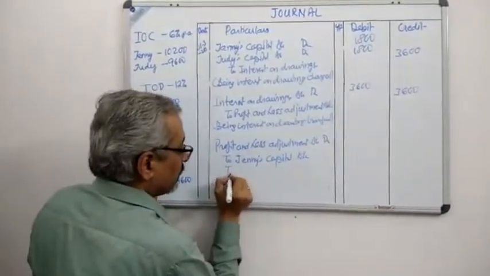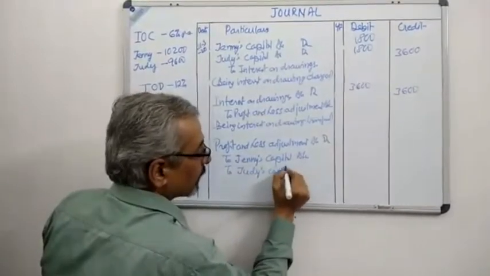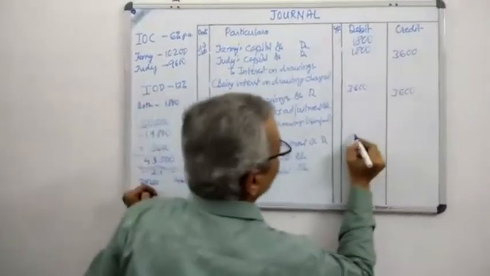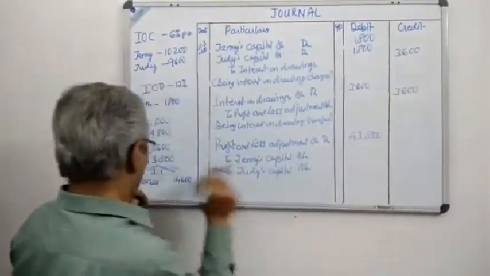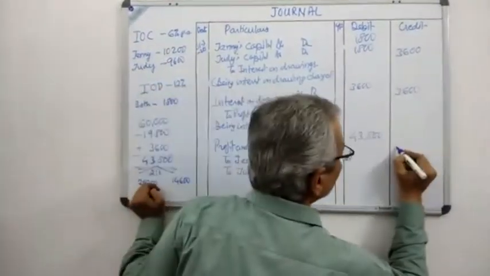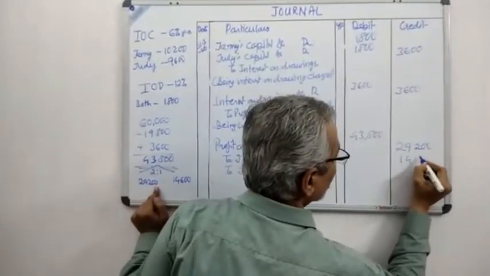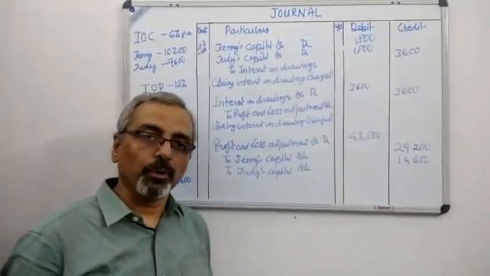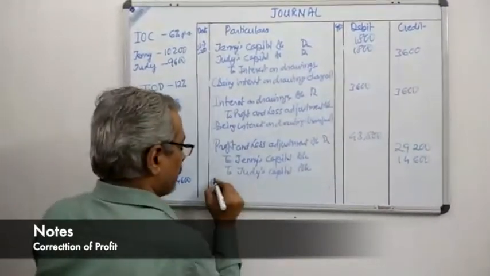The second partner to Judy's Capital Account. So what is the amount? See very carefully. 43,800 and it is distributed in the ratio of 2:1. So we got 29,200 over here and 14,600. Now this is the correct distribution of the profit. Now the narration over here being profit correctly adjusted.